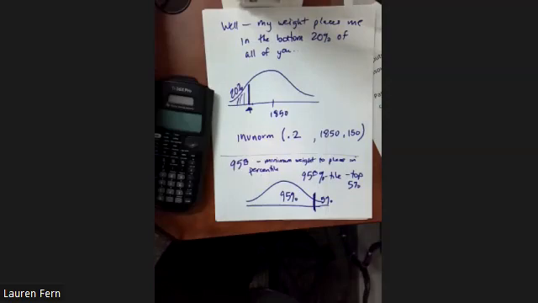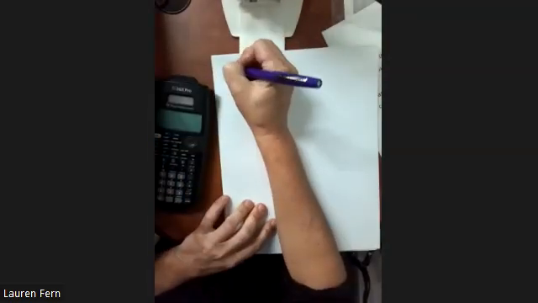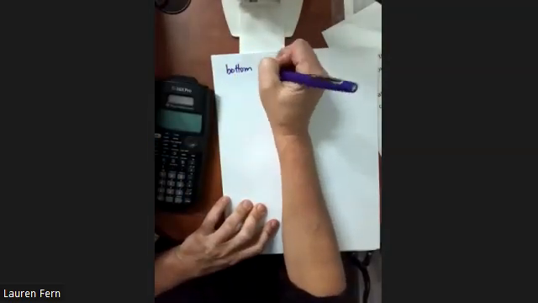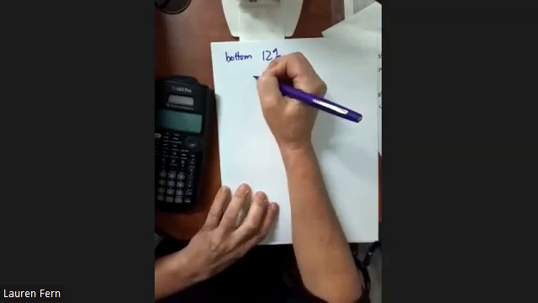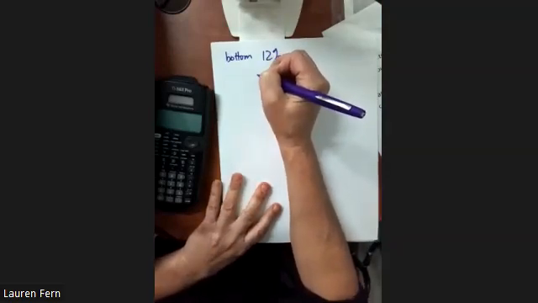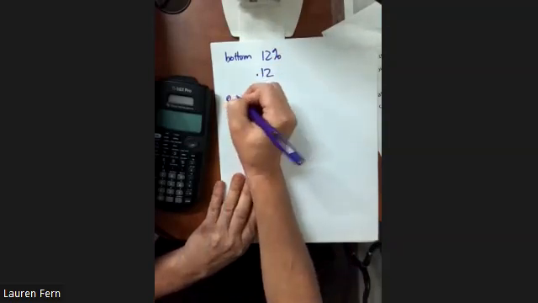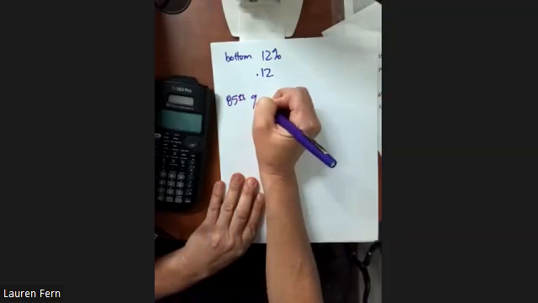Yeah? Ish? Okay. So what I'm going to do, well, wait, I have 2 minutes. So what if I say the bottom 12%? What's the area that you would put to the left? 0.12. What if I said the 85th percentile?